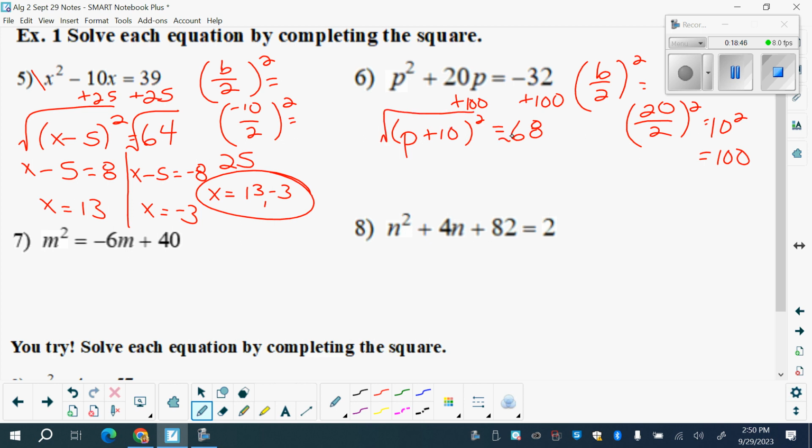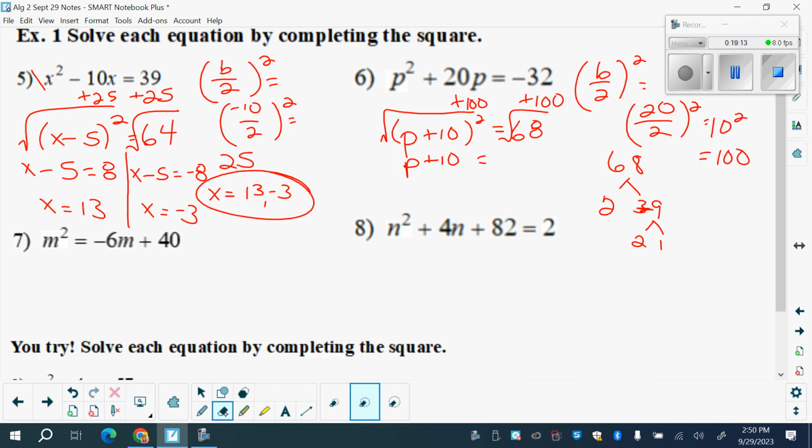Oh, good. We went way ahead. So p plus 10 here. And then we have to simplify this square root of 68. So this is 2 times 34. Sorry, 68 divided by 2 is 34.